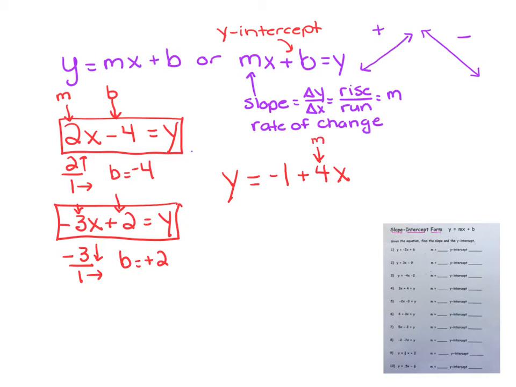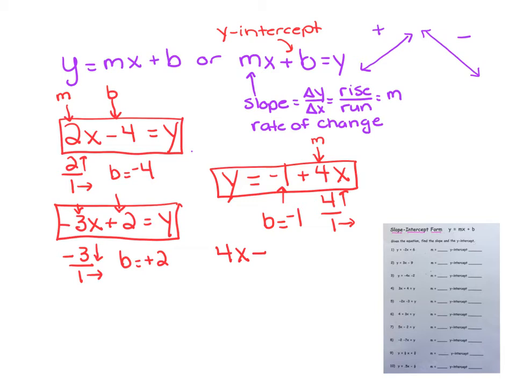So our slope is 4, which means up 4 to the right 1, and our intercept, our constant, is negative 1. So in this case, b equals negative 1. If you don't like the look of this original equation, you can rewrite it. Bring the 4x term to the front. Minus 1 is our constant, equals y.